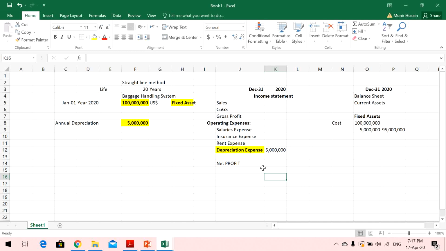Then you can calculate your net profit: sales minus cost of goods sold gives gross profit, minus this depreciation expense, minus whatever else you have. And this is how you show it in the balance sheet: fixed asset at cost, less accumulated depreciation.